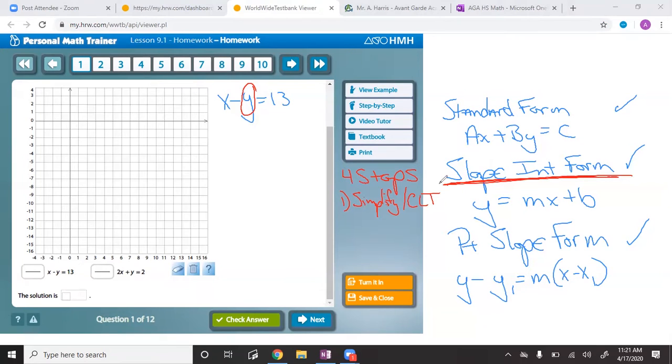PEMDAS, which stands for Please excuse my dear Aunt Sally. So parentheses, exponents, multiplication, division, addition, and subtraction, right? Is there anything to do for PEMDAS?